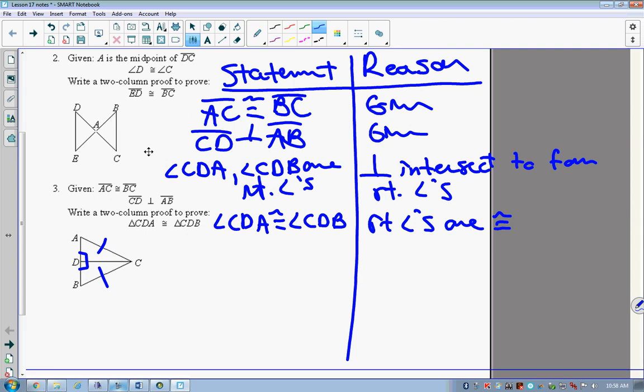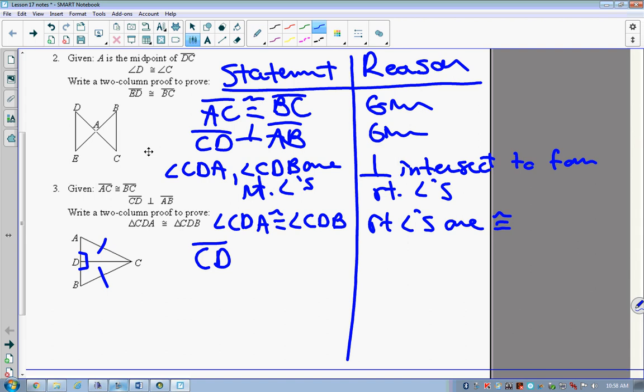Now, what else do we have? I hear somebody saying something, but not loud enough for me to hear it. CD is like a reflexive axiom or something. I can't really write that up in a proof.